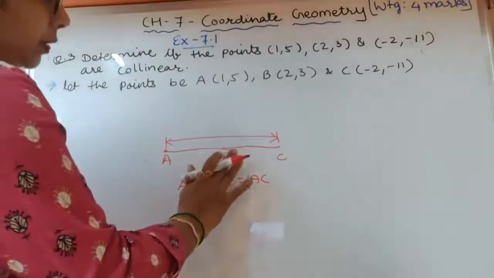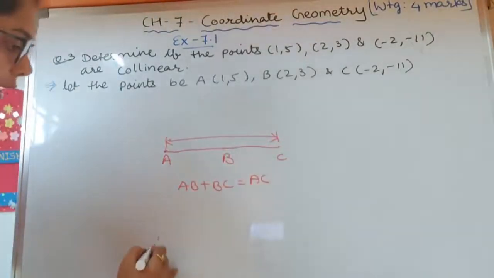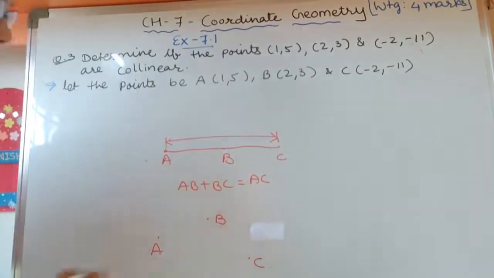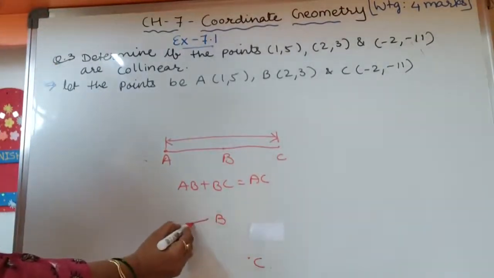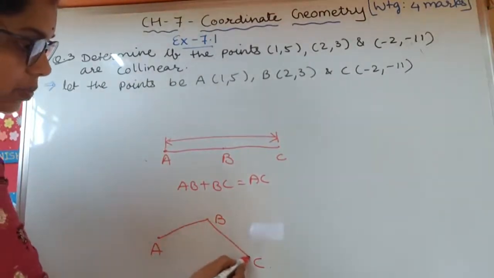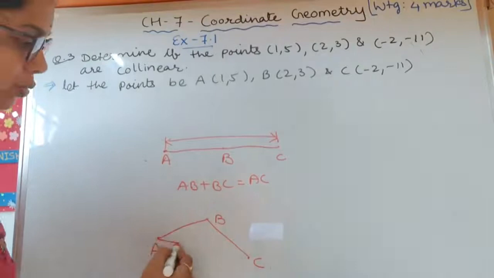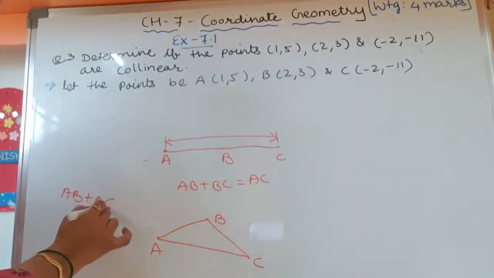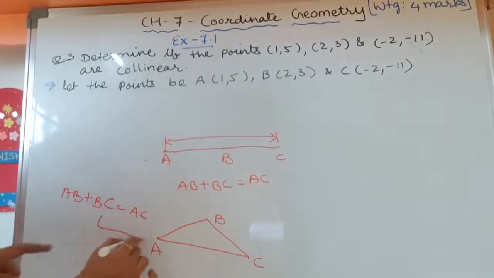If, for example, I put A here, B here and C somewhere here, and I find the distance AB and the distance BC, is it possible to get AB plus BC equal to AC in this case?